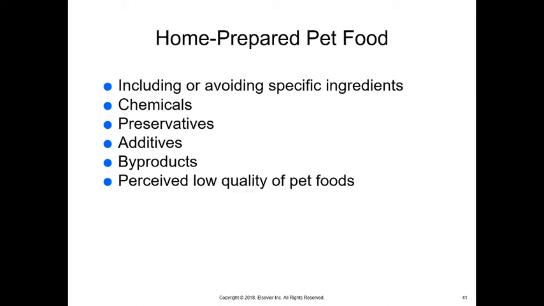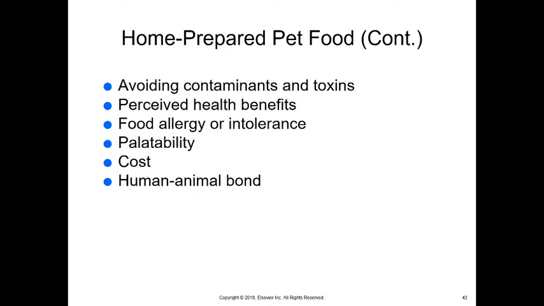So it does decrease the amount of chemicals, preservatives, additives, and byproducts that you might see in many of the pet foods, or somebody might think that pet foods aren't manufactured in the best way. There are good pet foods out there that do not have chemicals, preservatives, additives, or byproducts in them, and you can find them. But some people would prefer to do home-prepared pet foods.